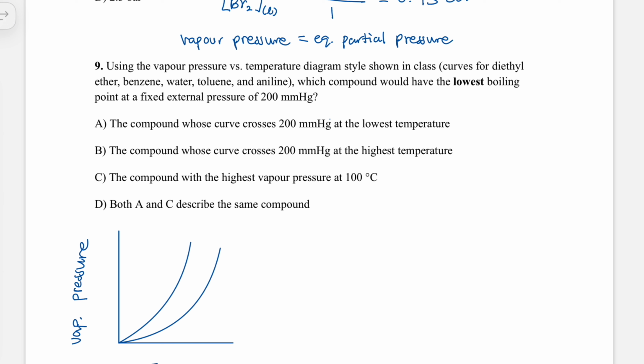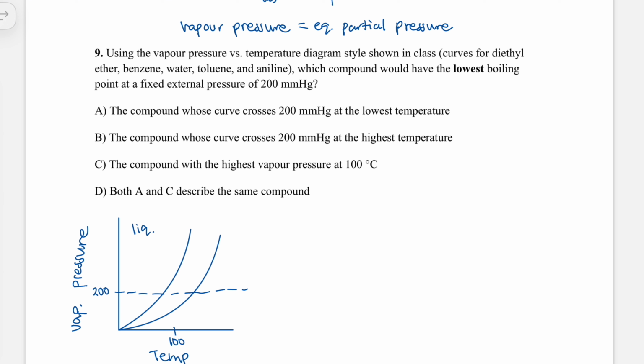And then I'll draw a line. And then basically what this graph is, on the left side of the curve, it's liquid state, and then on the right side of the curve, it's in a gas state. So the compound whose curve crosses 200 at the lowest temperature has the lowest boiling point.